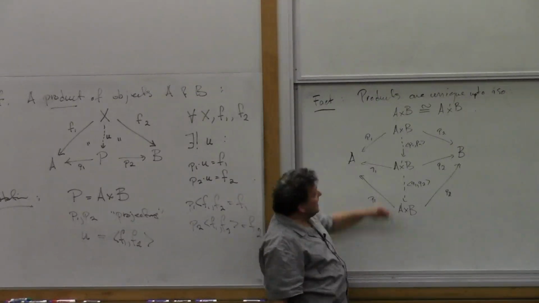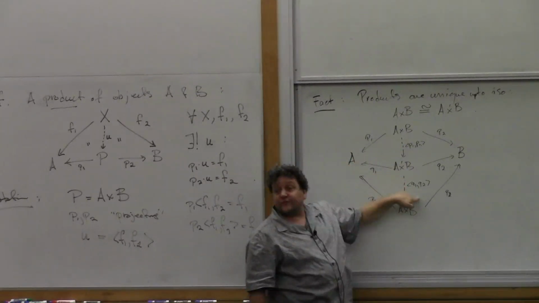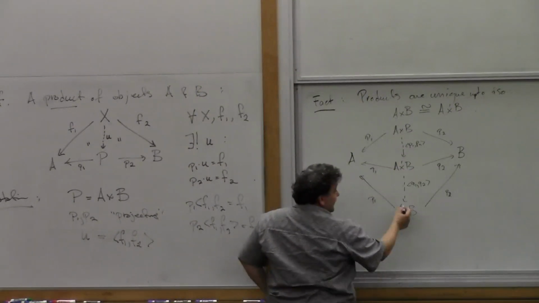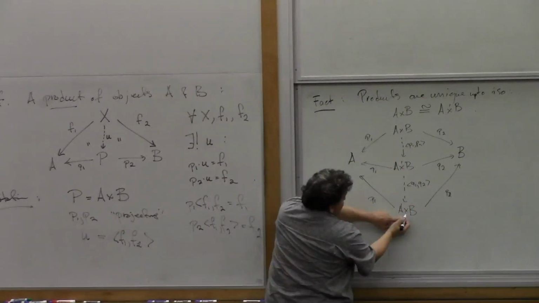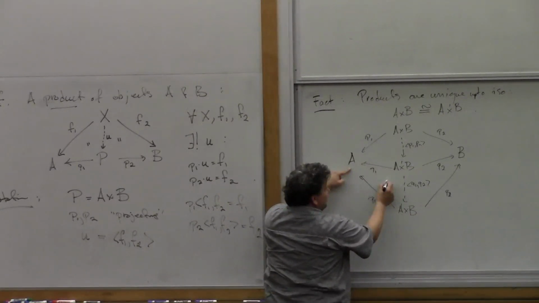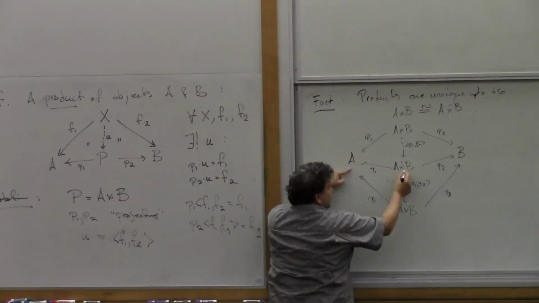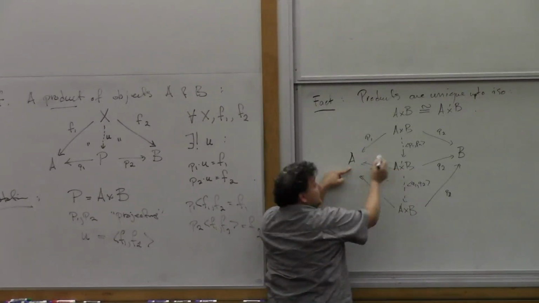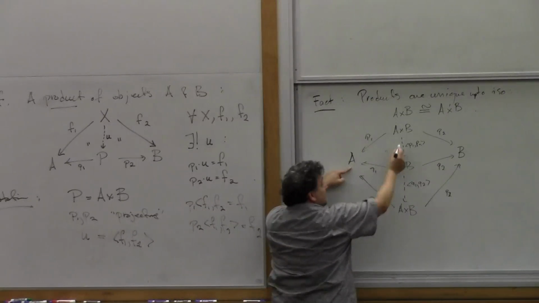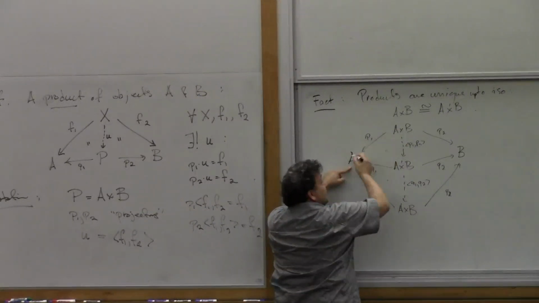And now let's see what happens if we compose these two arrows with each other. If I compose these two arrows like this, and then follow that with the projection P1, then because this triangle commutes, that's the same as just going across here. So going down and across here is the same as going like that. But now this triangle commutes, and so that's the same as this.